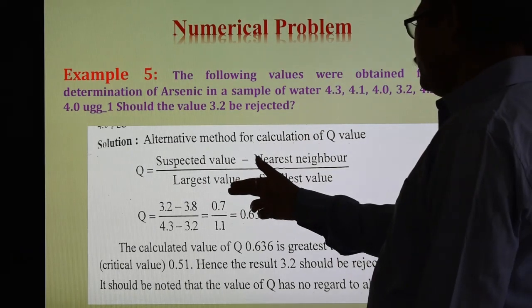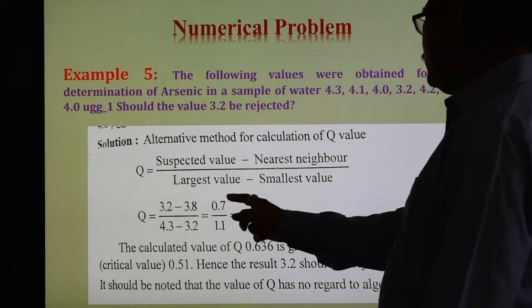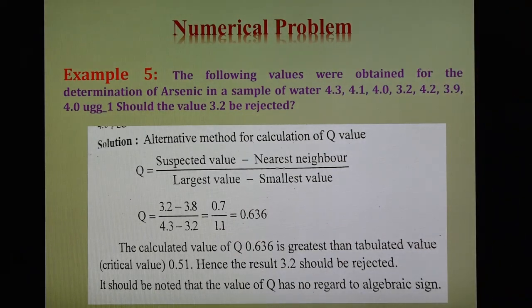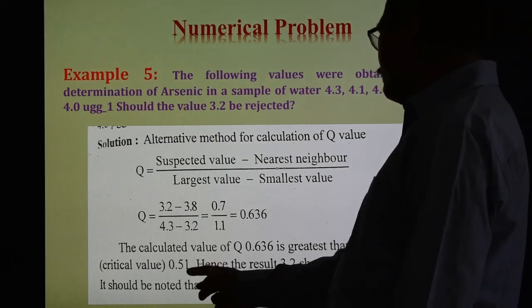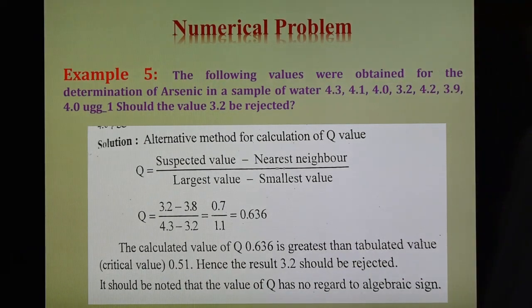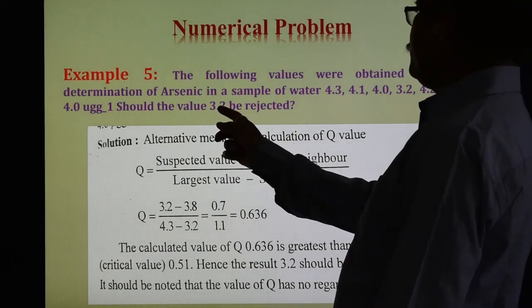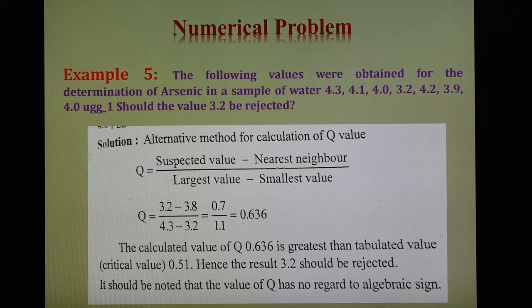So this is the difference, this is the range, and after putting all the values we obtain the ratio 0.636, and the critical value is 0.51. The calculated value is greater than 0.51, and therefore the doubtful value 3.2 is to be rejected. So in this way we can calculate the Q value, and after comparing we can decide whether the doubtful value is to be rejected or retained.